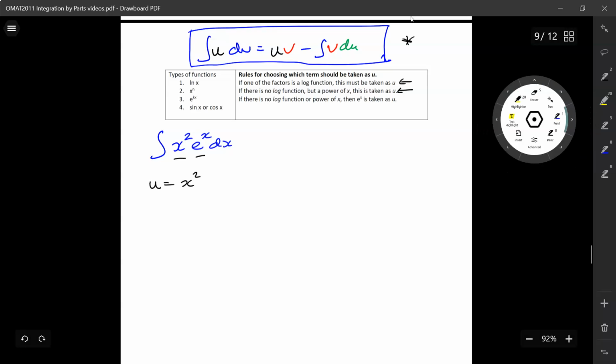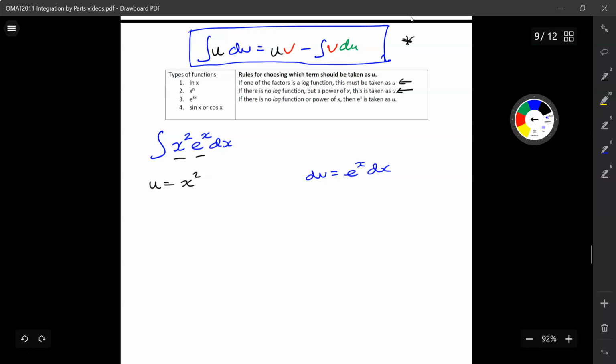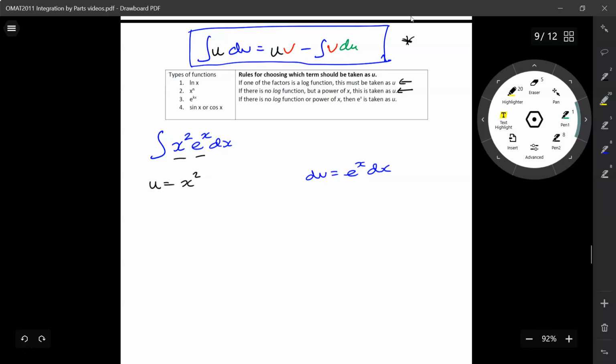And then that leaves us with dv is exponential x dx. Follow the procedure. We have u and dv, but we need to figure out v and du. So to get du, we differentiate this term for u.